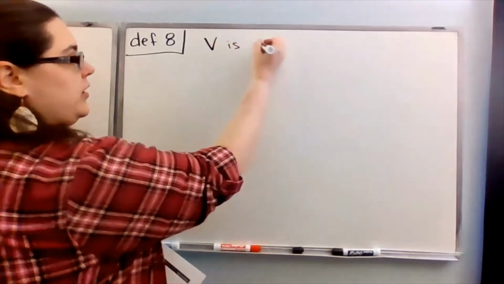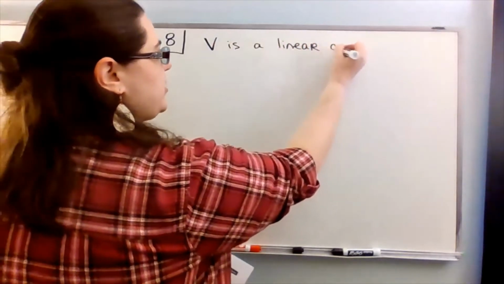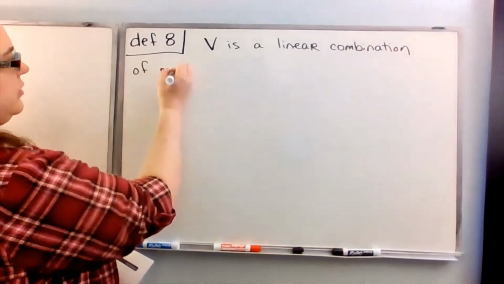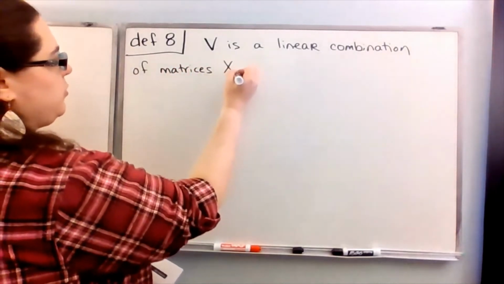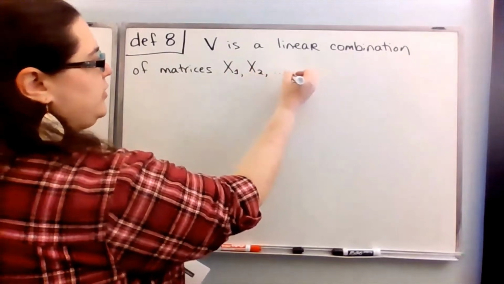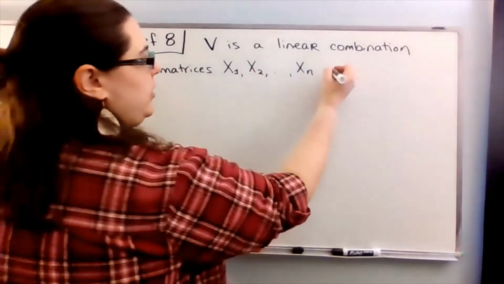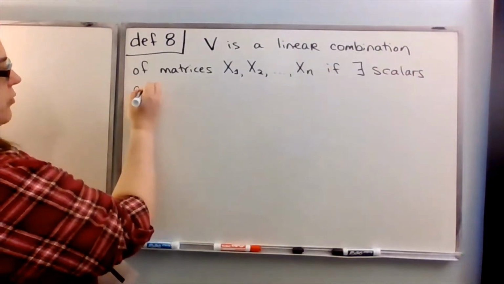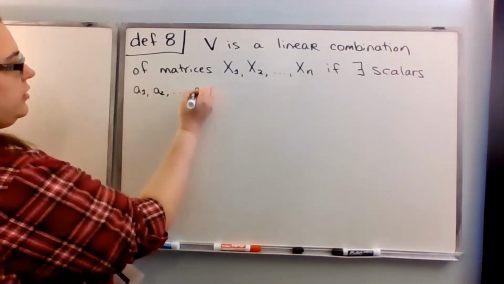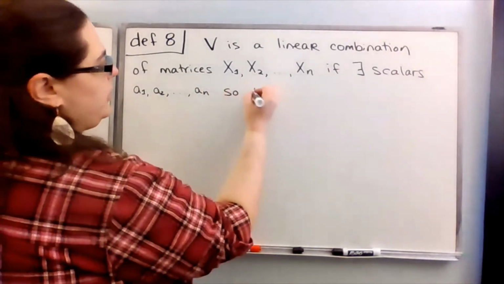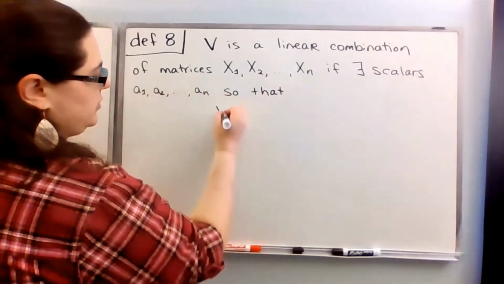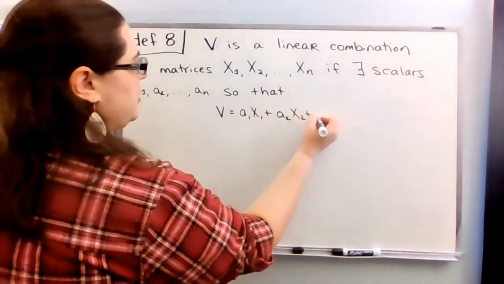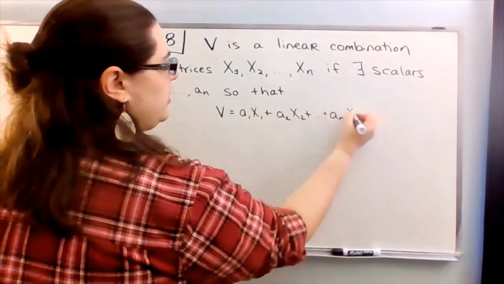V is a linear combination of matrices, capital X1, capital X2, capital Xn, if there exist scalars, lowercase a1, lowercase a2, lowercase an, so that V is equal to a1 x1 plus a2 x2 plus an xn.